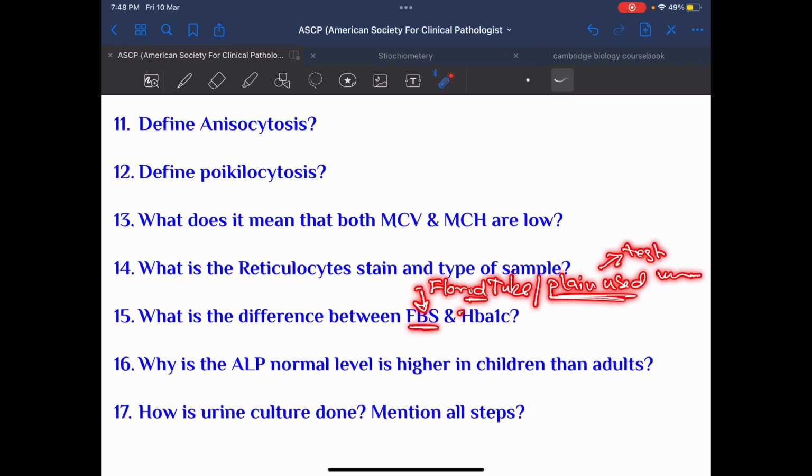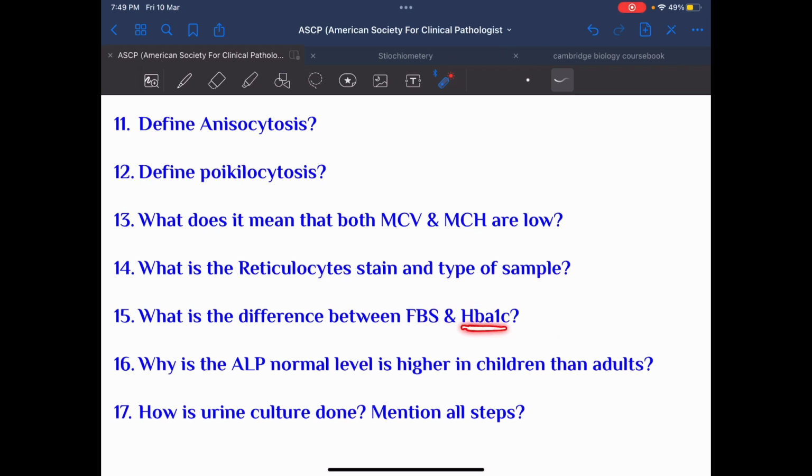The fluoride tube is better because it inhibits glycolysis, so the glucose level will be stable. In a plain tube, if left without centrifugation or there is no gel separator, glycolysis will decrease the level of glucose by 7% per hour.